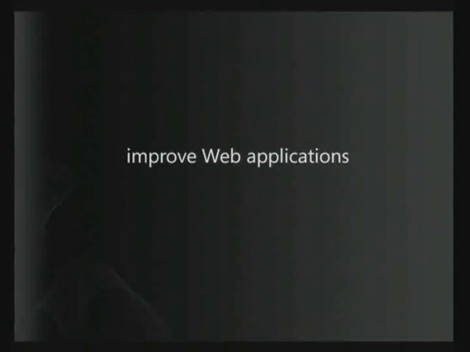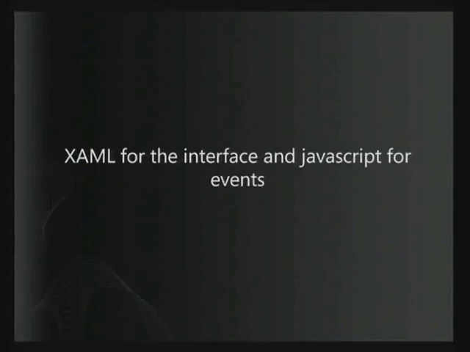It's just a new thing you can add in your pages. It is HTML based. It's not really a new thing for you. But we will use XAML for the interface, for the visual, and JavaScript for the event. So that's why it's only for improving your pages with cool things, very designed with XAML.